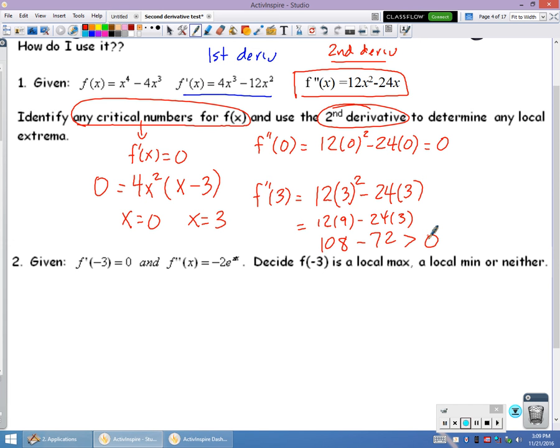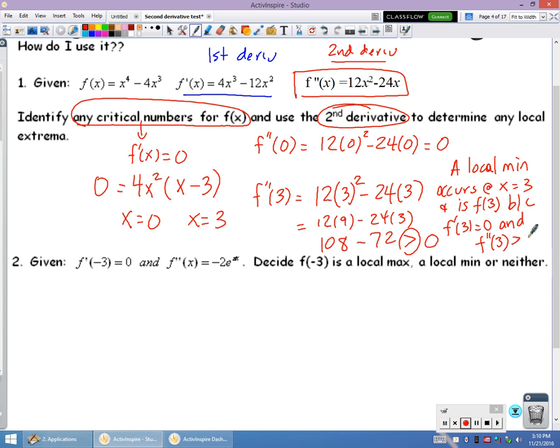So now I know that there is a local minimum, because the output was greater than 0. A local minimum occurs at x equal to 3 and is f of 3, because f prime of 3 is 0, establishing the critical number, and the second derivative at 3 is greater than 0.